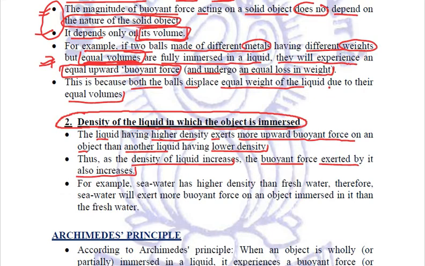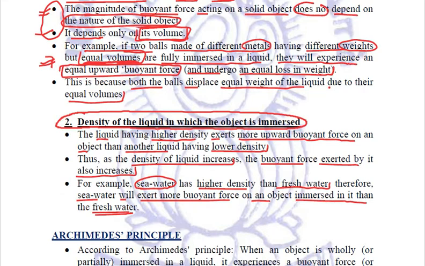Taking an example, sea water has higher density as compared to fresh water. Why is it so? We all know that sea water contains various salts, because of which its density increases. And since sea water has more density, it will exert more buoyant force on an object immersed in it as compared to fresh water.